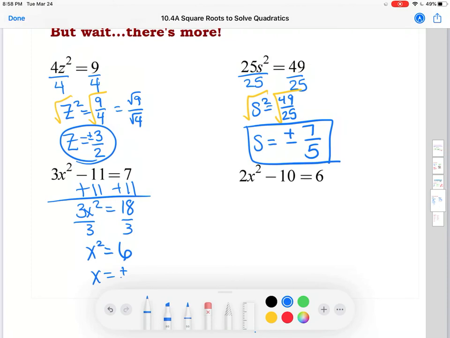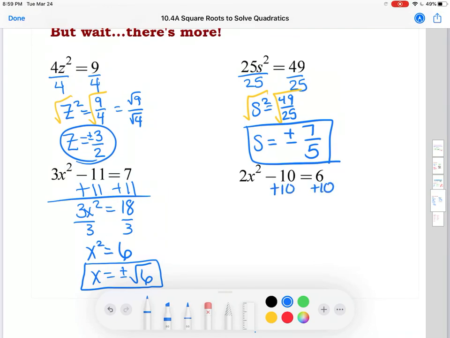Square root both sides, plus or minus the square root of 6. Now 6 isn't a perfect square, so we can absolutely leave our answers as a radical. If you want to type square root 6 into your calculator, you certainly can, but it is an extra step that I don't really need you to do.